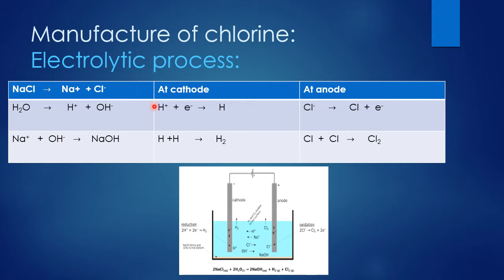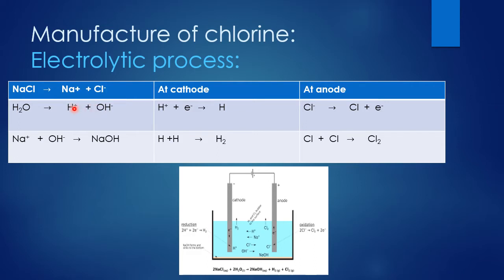When we take brine, that is sodium chloride solution, into a container, an electrolytic cell, solution means NaCl with water molecules, and there will be a cathode as well as an anode in the container. When the electricity is passed, sodium chloride will ionize into Na+ and Cl-. Likewise, the water molecule will ionize into H+ and OH-.